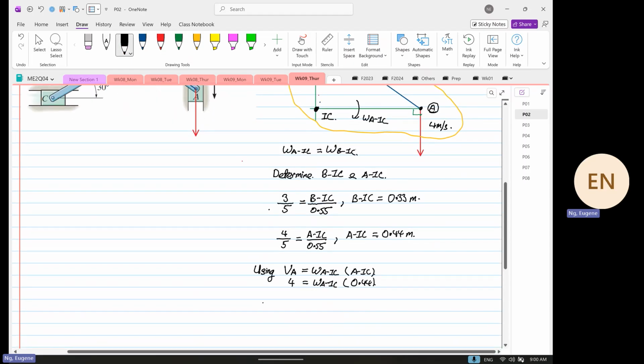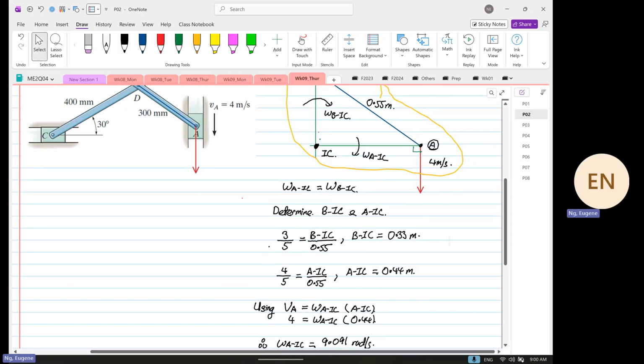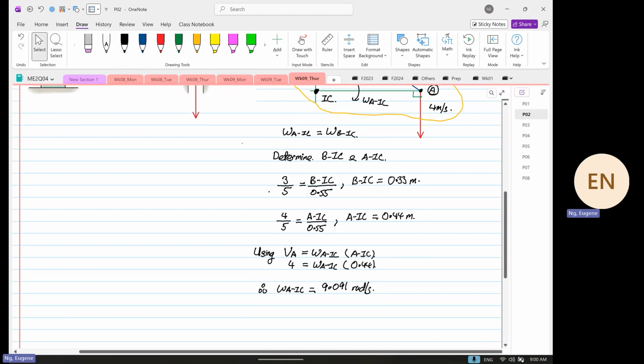So therefore, omega AIC is equal to 4 divided by 0.44, which is 9.091 radians per second. So for this case, we can find our VB.